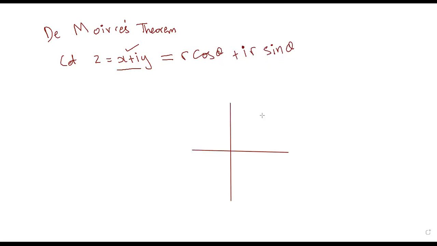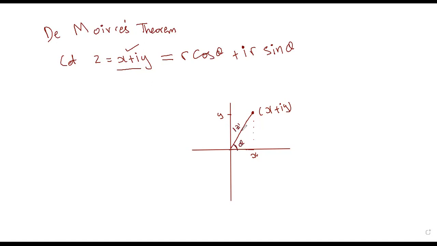Now if this again is the complex thing, and let's say this is x plus iota y, this means that we will be having x here and we will be having y here. And if this is the mod, and this is the argument, this is theta, and this is z mod.